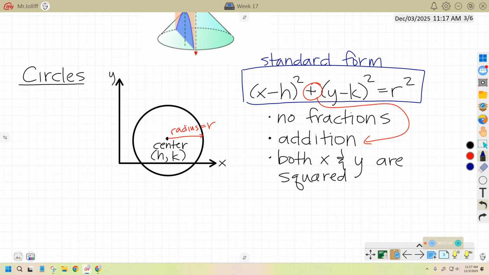We're going to practice picking information off a graph to write the equation for the circle. We should be able to move back and forth between equation and graph. That's the goal. I see some nodding. All right. Are we ready for some examples? Yes, good.